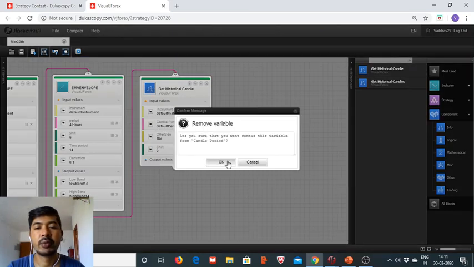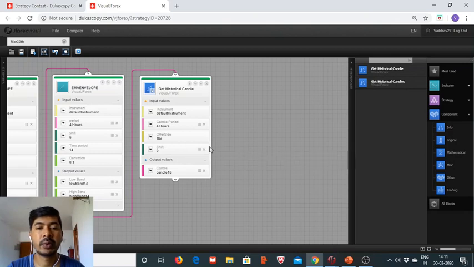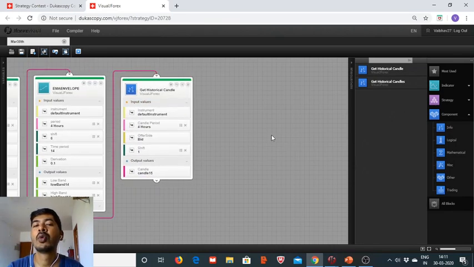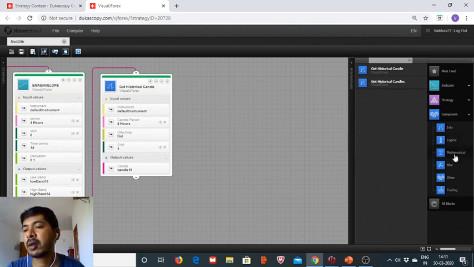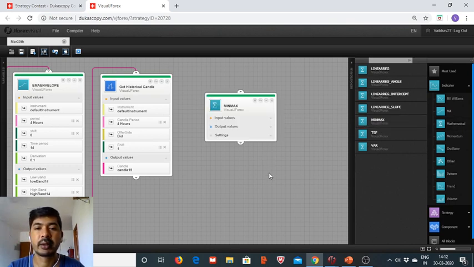We will change it to 4 hours. Shift will be 1. And here is the value. Now we bring in the min-max values. So here is the min-max.